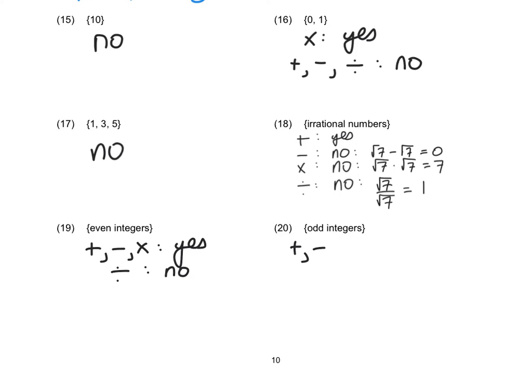No. So addition and subtraction are no's. Multiplication and division. Wait, what did I say? I meant to say the opposite of what I said. If you divide two odds, oh, sorry, it's still a no. It's a fraction. Space cadet. Trying to walk and chew gum at the same time here. Division, these are all no's. The multiplication was the only yes, right?